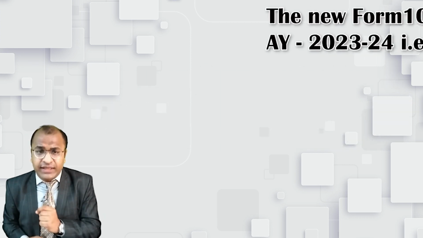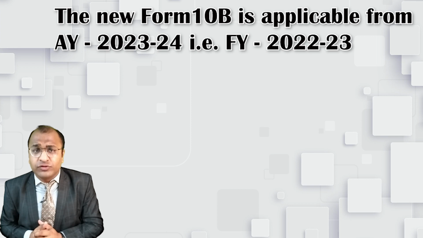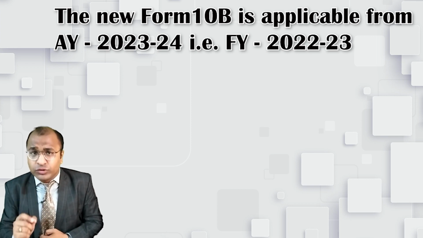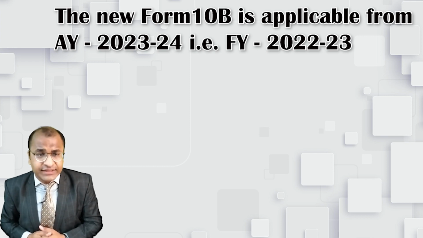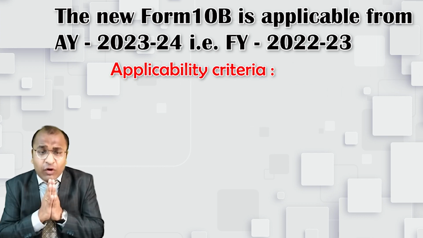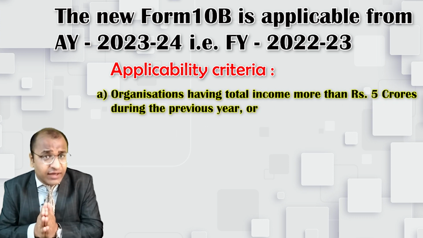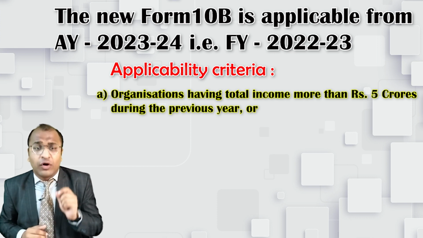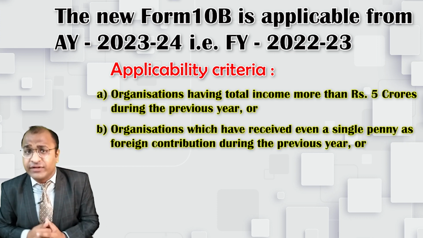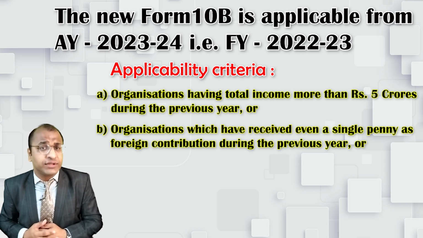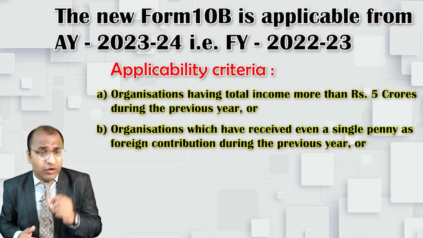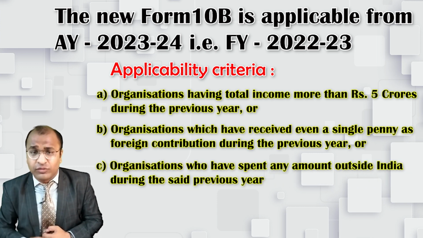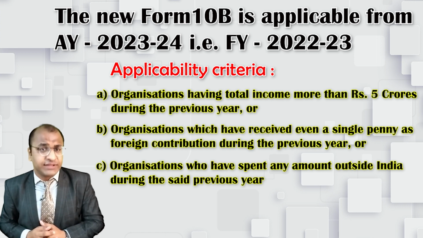The new Form 10B, which is applicable from assessment year 2023-2024, that is financial year 2022-23 for which the audit is being finalized, is applicable for the organizations having total income of more than rupees 5 crores during the previous year, or organizations which have received even a single penny as foreign contribution during the previous year, or the organizations who have spent any amount, I repeat, any amount outside India during the said previous year.